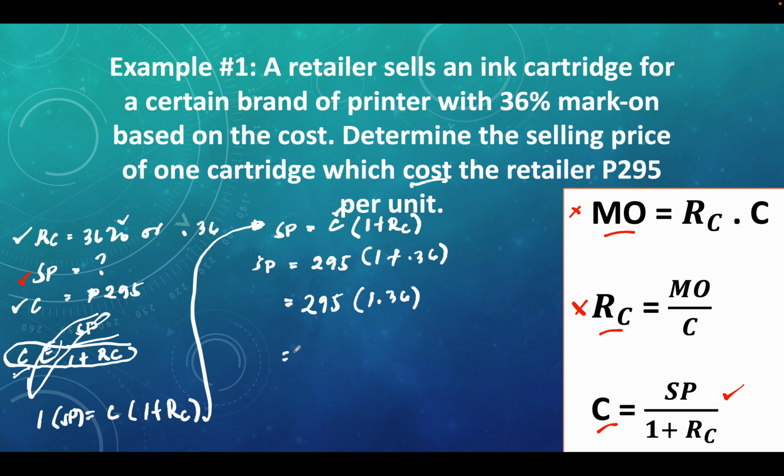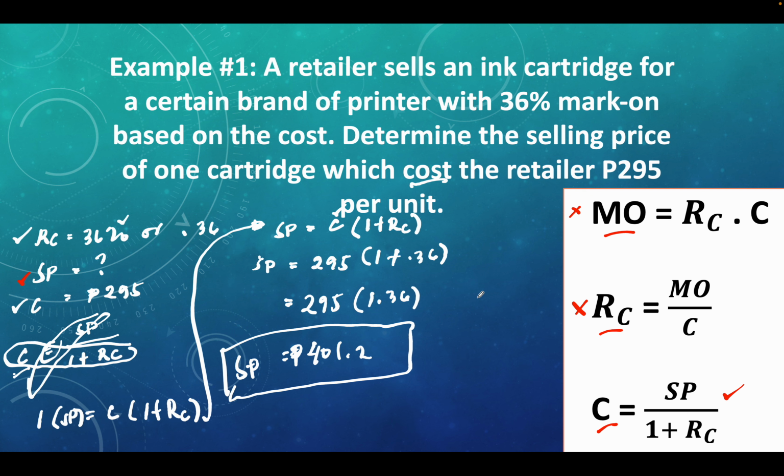Then, multiply mo lang siya. So, 295 multiplied by 1.36 is equivalent to 401.2. So, our selling price now is 401.2 pesos. That is how you get the selling price.